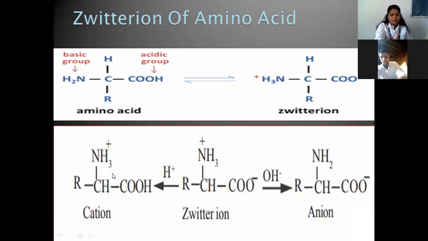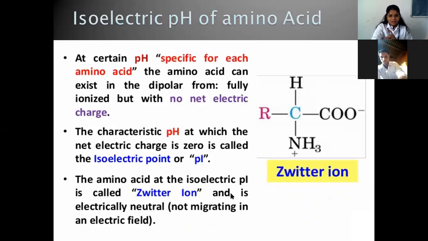So at a certain pH, the amino acid carries a positive as well as a negative charge. This formed compound is known as a zwitterion. There are positive as well as negative charges here, NH3 plus as well as COO minus. This is nothing but the zwitterion.